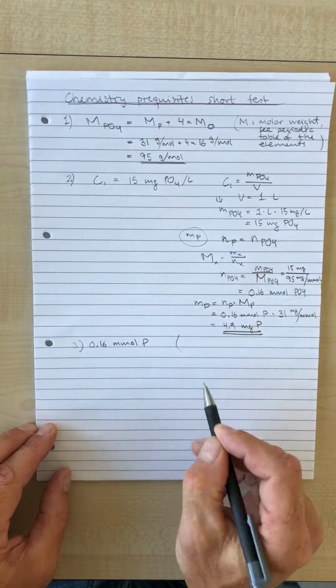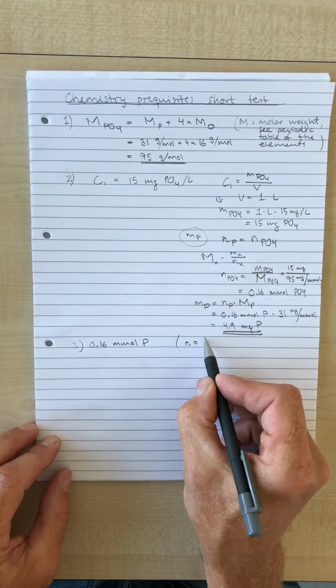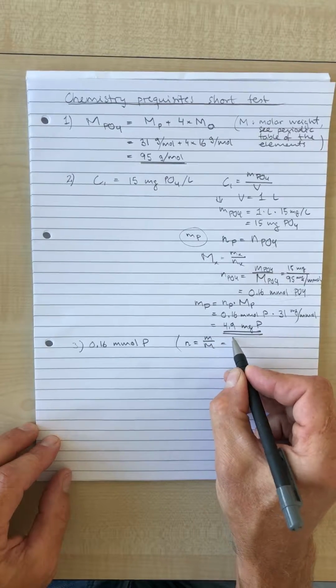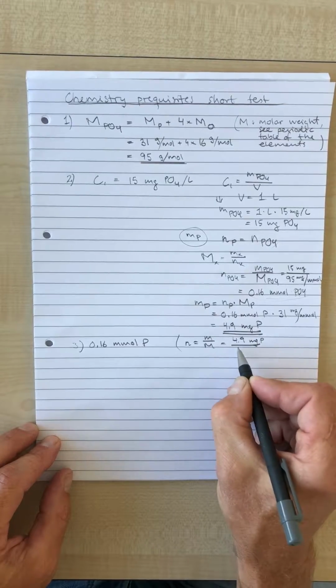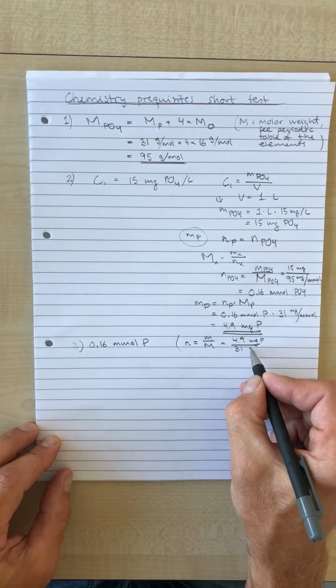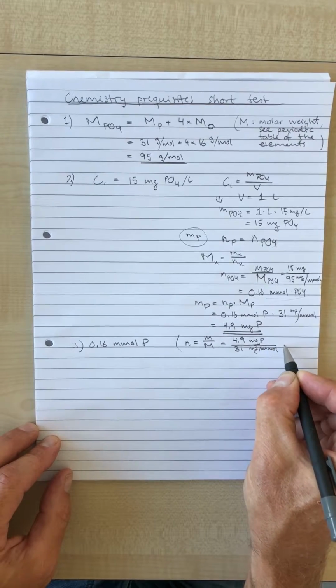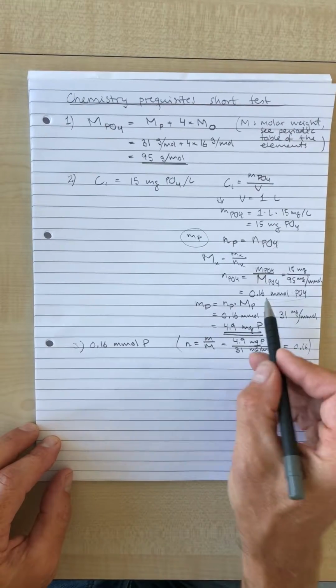I could also calculate this as well. The number of moles would be the mass divided by the molar mass, and here I've got the mass to be 4.9 milligram, and I have my molar mass 31 milligram per millimole, and that would give me again the 0.16. But I had it up here.